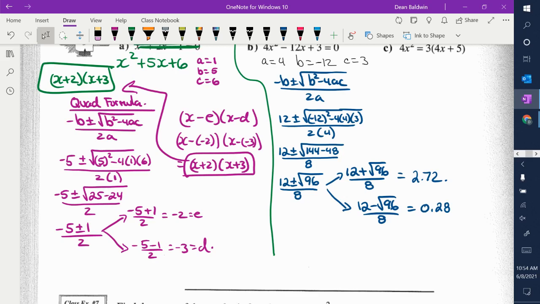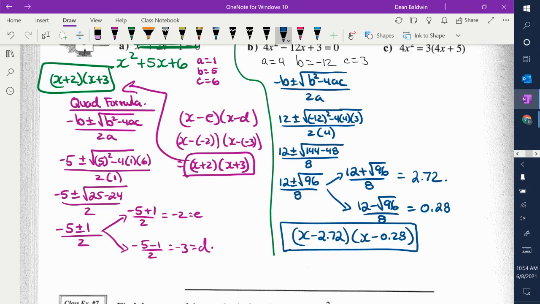You get those? 2.72 and 0.28. So it means the factored form of this polynomial is x minus 2.72, x minus 0.28. That's why you can't factor it, because they're decimal answers.